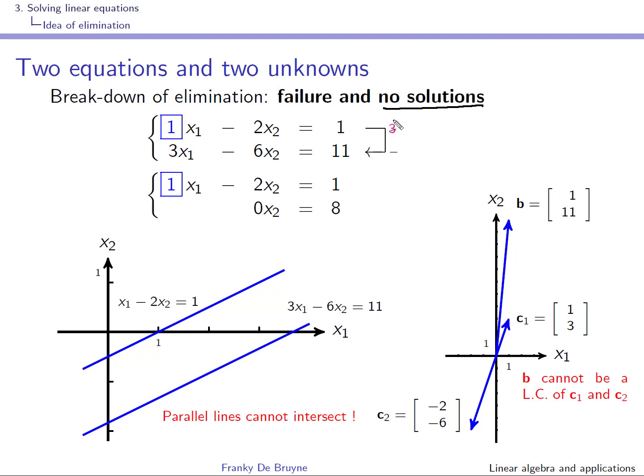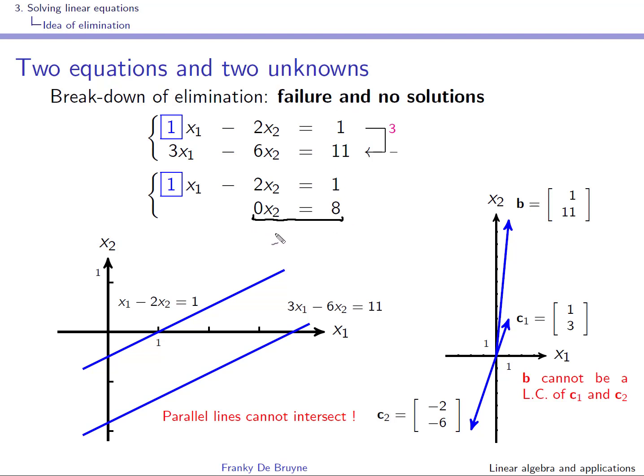We use it to compute the multiplier, so it's the entry to be eliminated divided by the pivot, and this gives us a 3 over here. So this equation minus 3 times the first equation produces this equation over here.